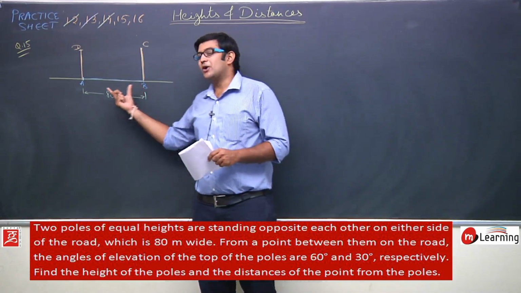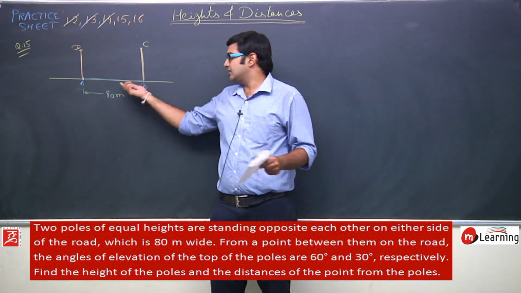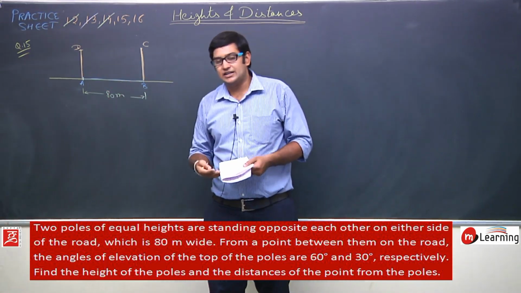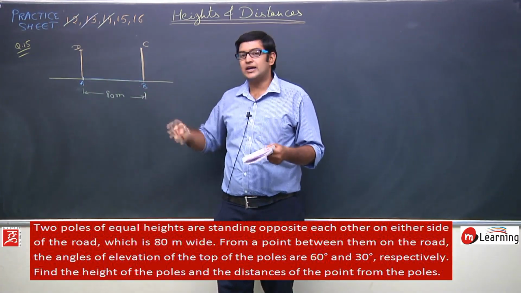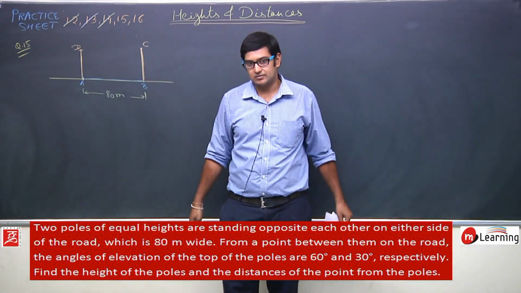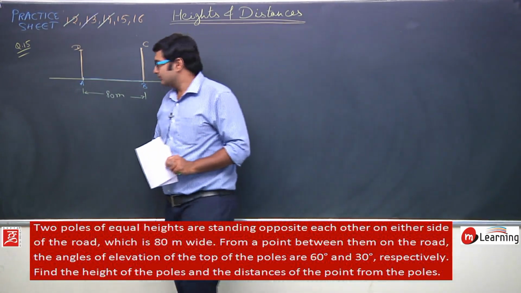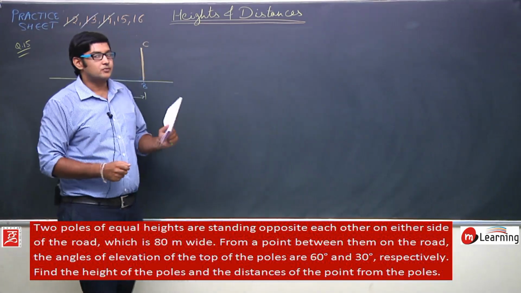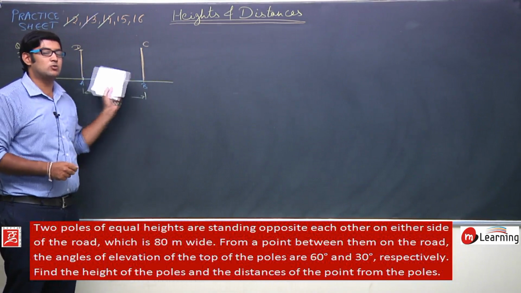The importance of the road is nothing. Instead of this, they can say it in this way, that there are two poles which are placed 80 meter away from each other. It simply means that the road is given just to confuse. So don't get confused. As I said, this is 80 meter distance between the two poles.